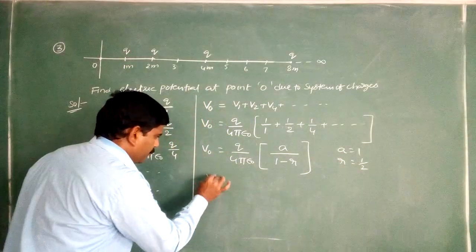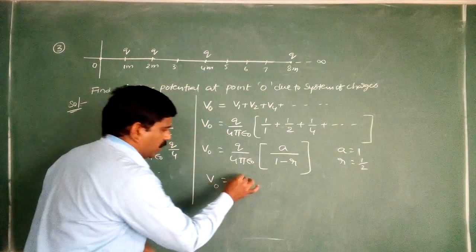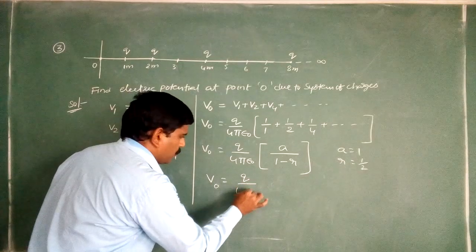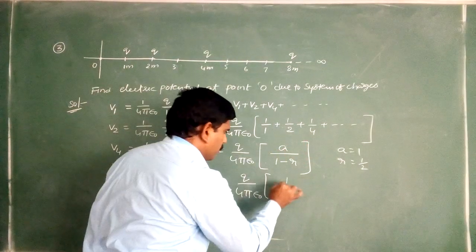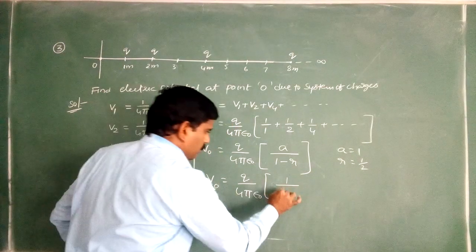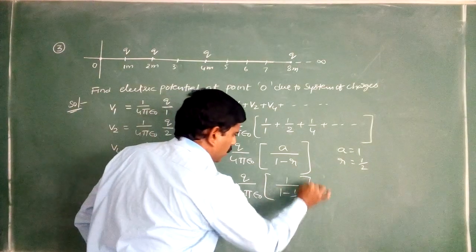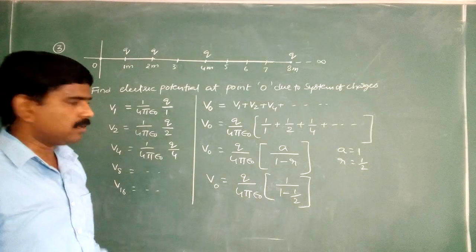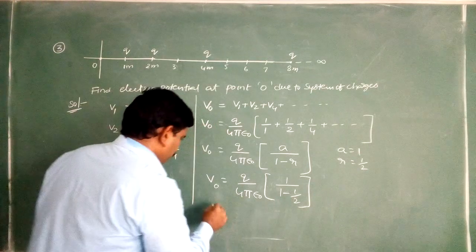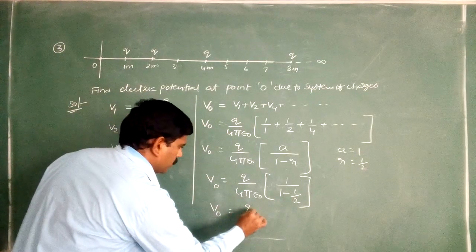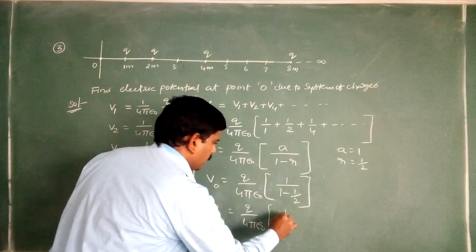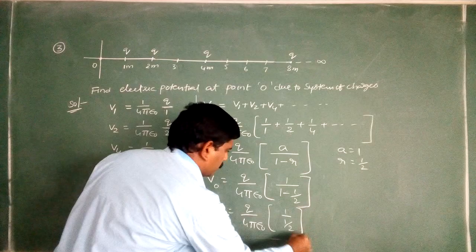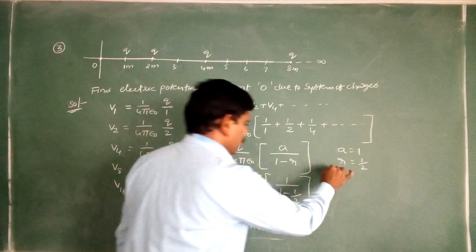So therefore V naught is equal to Q by 4 pi epsilon naught into A is equal to 1 by 1 minus half. So V naught is equal to Q by 4 pi epsilon naught into 1 by 2.